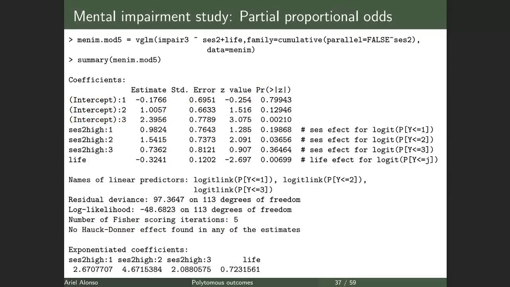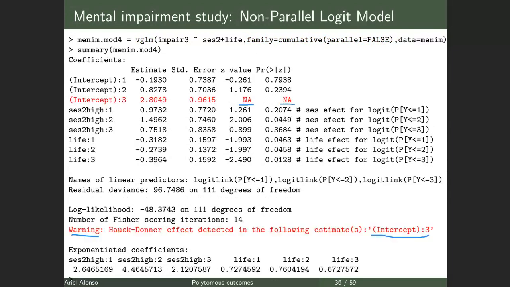Now, what you can do is fit this partial proportional odds model. And what you're saying here is, if I look at the coefficients of life events when you do not assume proportionality, they are all very similar.